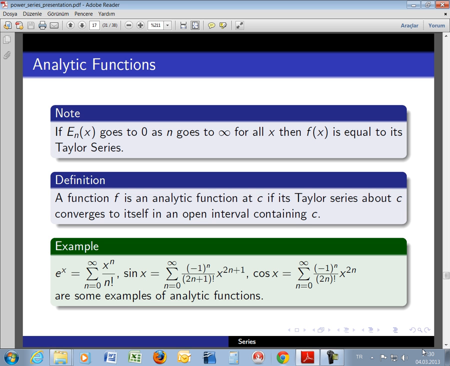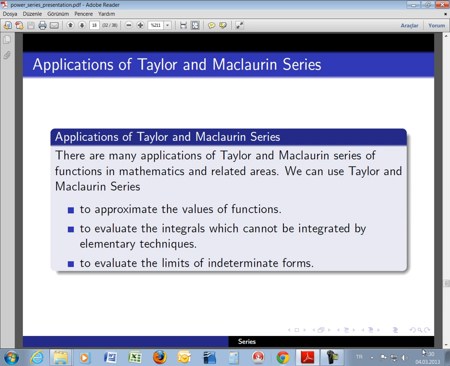We mentioned the Taylor series because it has applications not only in mathematics but also in areas related to mathematics.